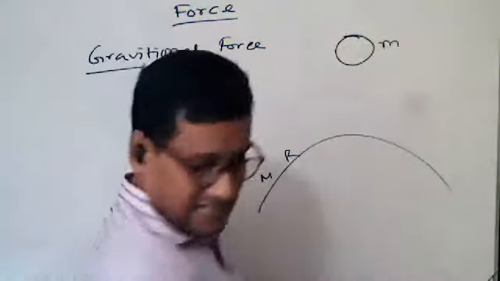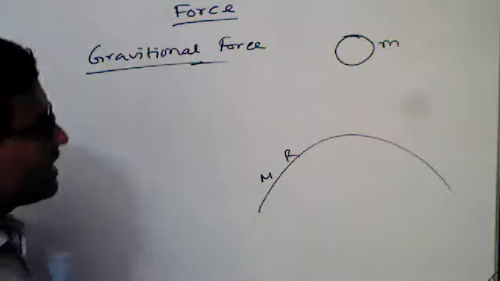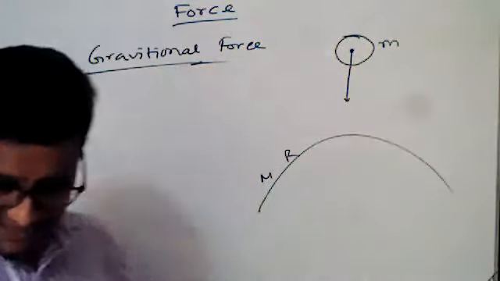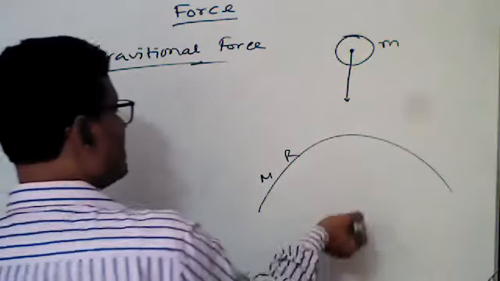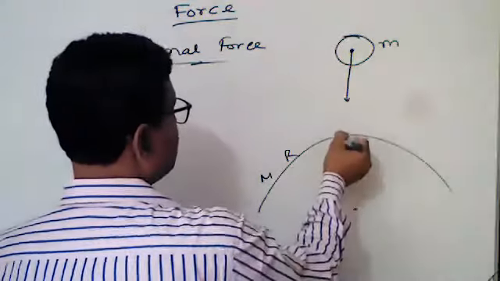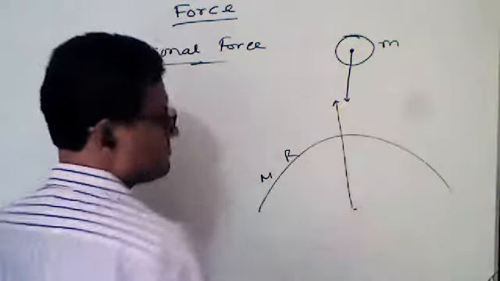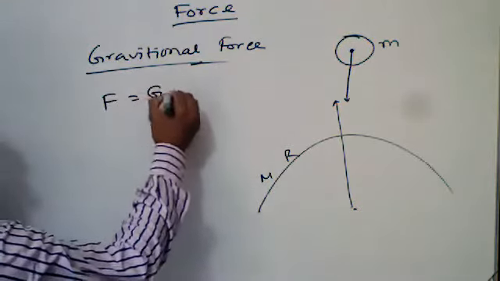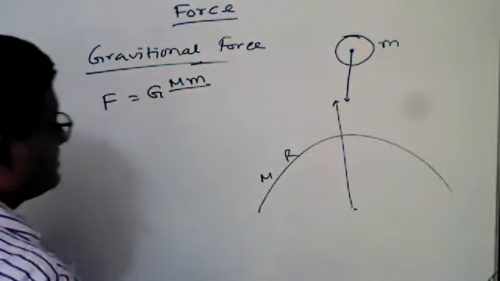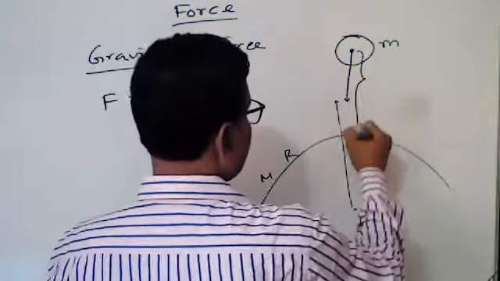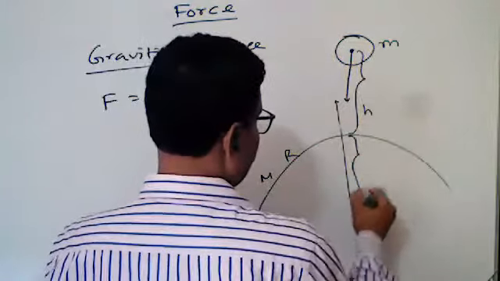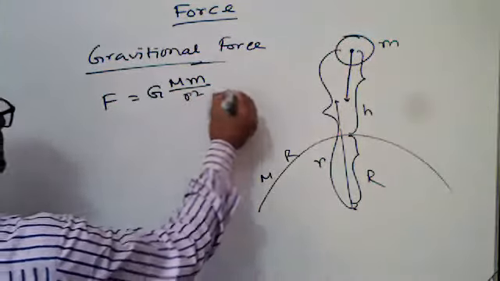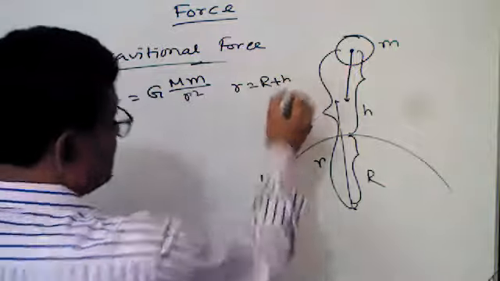The mass of the object is small m. It is attracted by the Earth towards the center, and the Earth is attracted by this object in this direction. So here the force will be F equals G capital M small m by small r square, where small r equals capital R plus h, h being the height of the object.